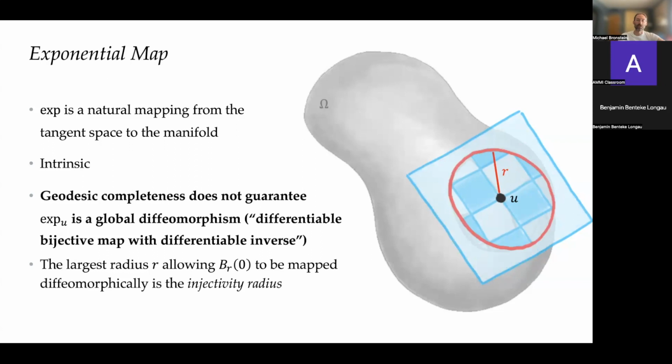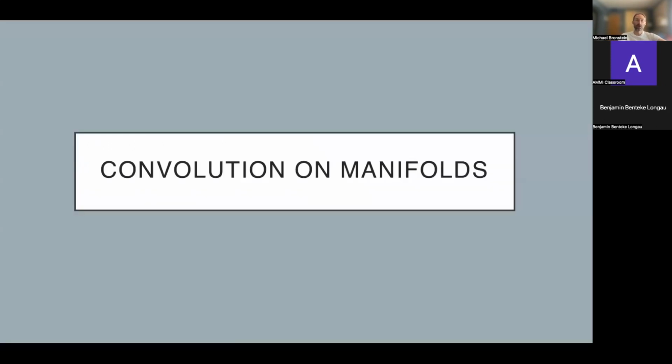The largest radius for which this map is diffeomorphic is called the injectivity radius. It might be different at every point, and usually the injectivity radius of the manifold is the smallest one across all the points. So this is all you need to know about manifolds, about differential geometry.